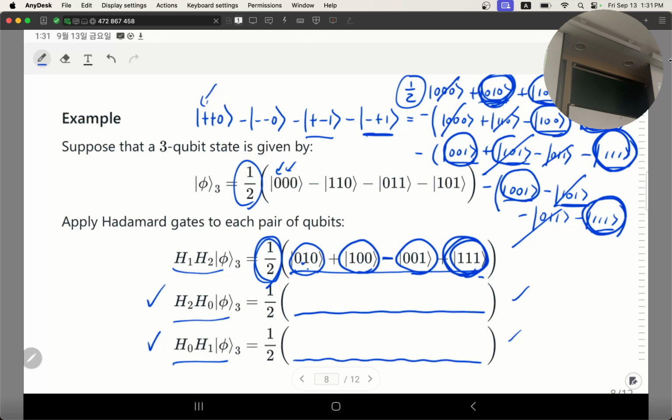Done? Okay. So you can group them together and write the answer here. Oh, you're doing this one. Okay. Oh, okay, I have it.